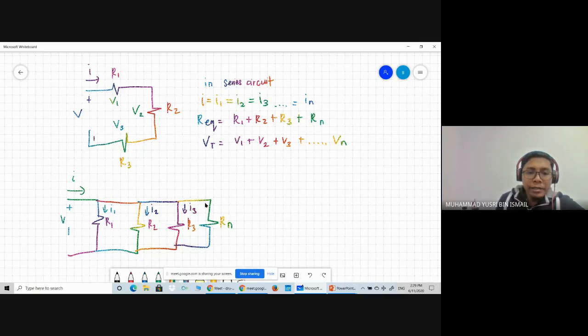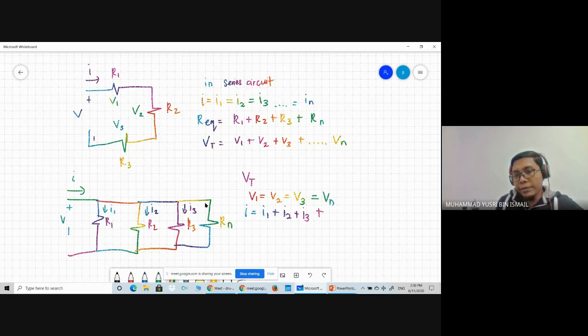For voltage, you cannot take a V total, but what you have here is V1 equal to V2 equal to V3 equal to Vn. And then for current, I is equal to I1 plus I2 plus I3 plus In.